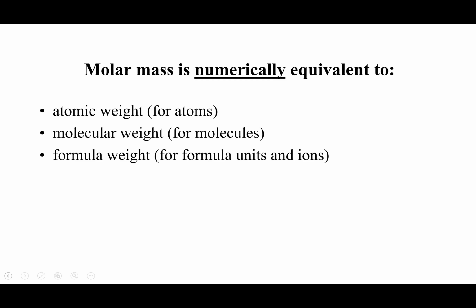How much does a formula unit of NaCl weigh? We call that molecular weight and formula weight. For those compounds, the molar mass is equal to those weights, but those weights are in AMUs, so like we did for elements, we have to switch to grams per mole. They're numerically equivalent, but they have different units. Molar mass, the units are always going to be grams per mole.